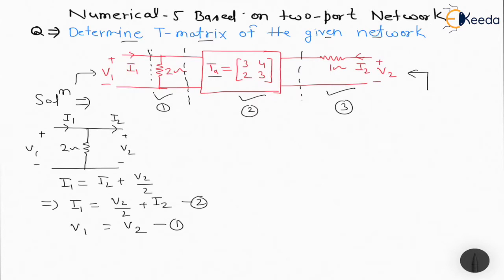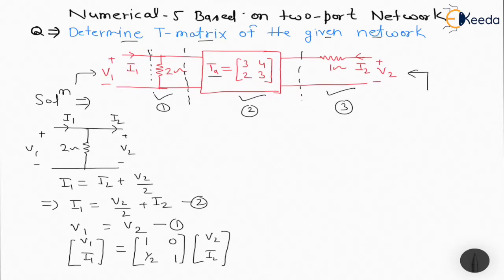From here we can say that V1, I1 is equal to 1, 0, 1 by 2 and 1, and this will be V2, I2.